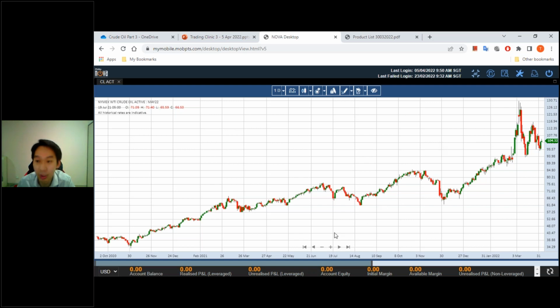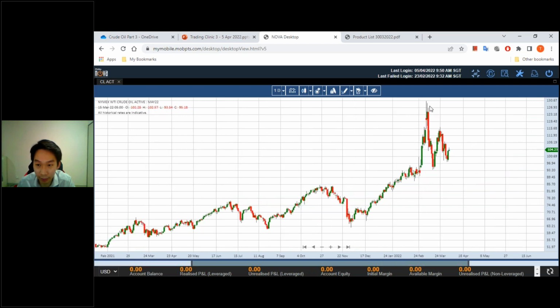Overall, we can see it's actually an uptrend here. On the right-hand side, the current price might be a bit confusing because price seems to have made a lower high.